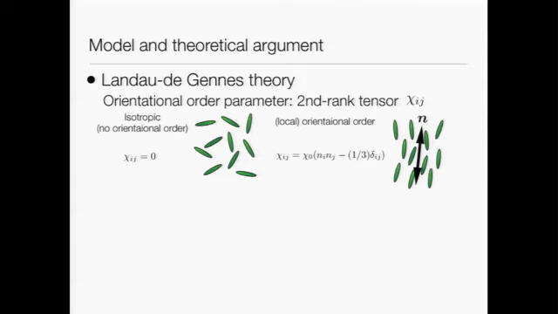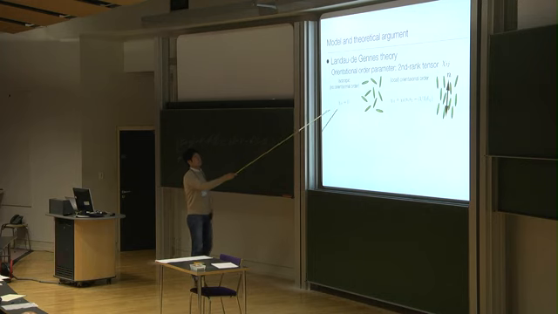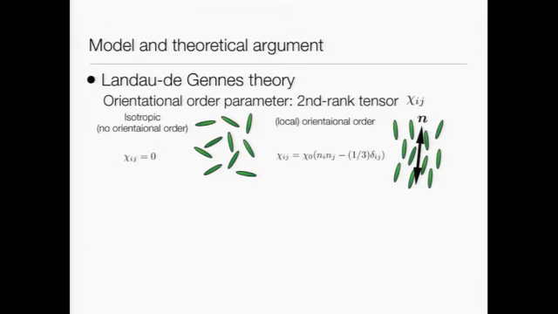In an isotropic phase, every component of this tensor is 0. But if there is local orientational order, some of the components are non-zero, and the tensor contains information about along which direction the liquid crystal is aligned and how strong this orientational order is.